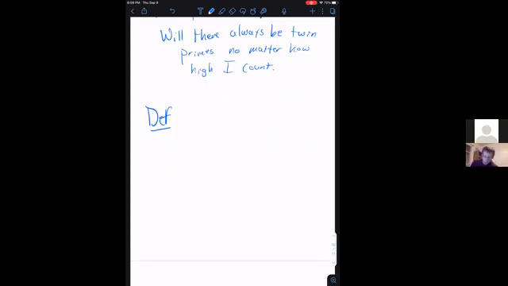So the negation of for all x in D, Q of x is, you basically start with each group and you need to negate everything.